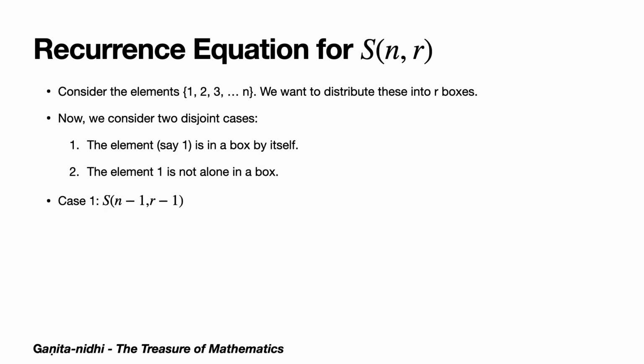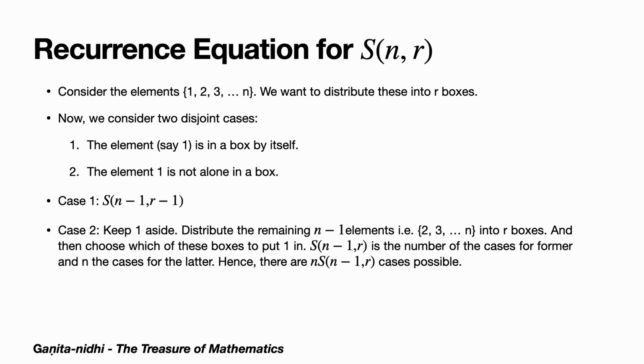So the first case corresponds to choosing the remaining n minus 1 elements, and from there we put them into r minus 1 boxes, because remember 1 is in a separate box. And in the second case, let's keep 1 aside for a second, and we distribute the remaining n minus 1 elements, that is 2 to n, into r boxes, and then choose which of these boxes to put 1 in.